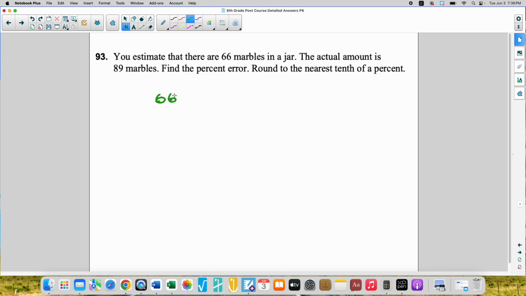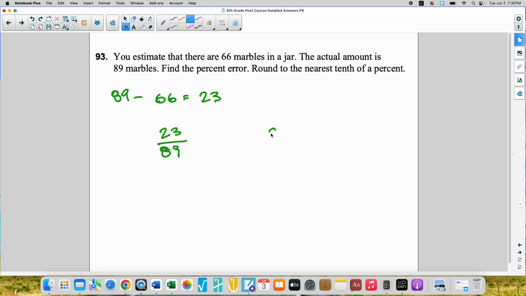So you have 89 minus 66, and that is going to give you 23. 23 is your amount difference. And then the tough part is which one are you going to use as your original? Well, your original has to be the correct one. It's 89 marbles. And so now we're going to find the percentage of error.